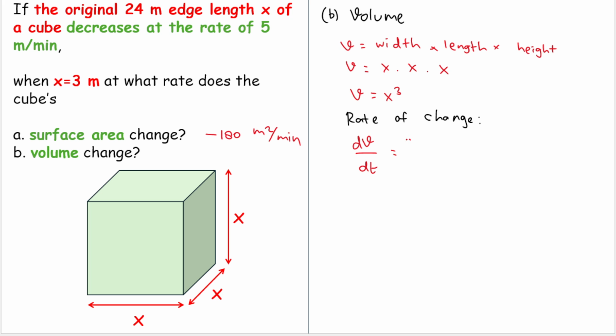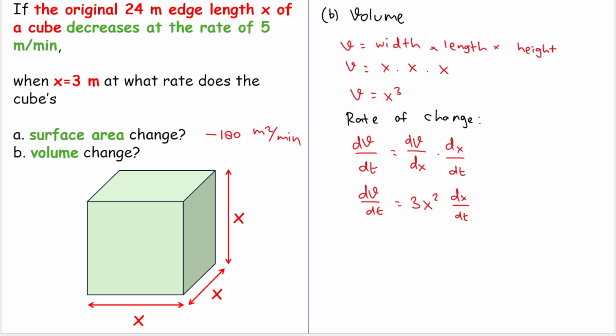So let's differentiate that with respect to x first, dV/dx, but then we will have dx/dt here to get it as dV/dt. And this can be calculated using the power rule, right? So we'll have 3x squared and then multiplied by dx/dt.